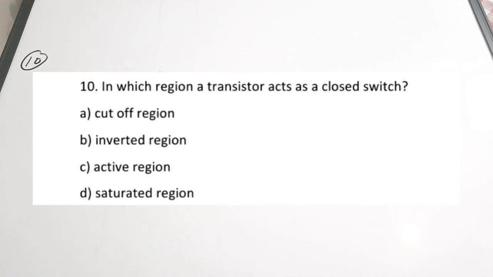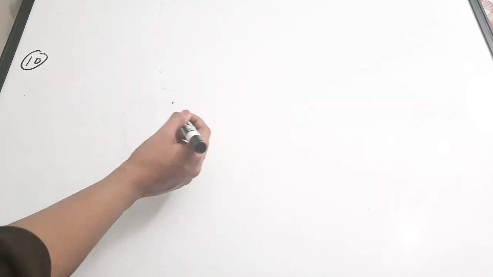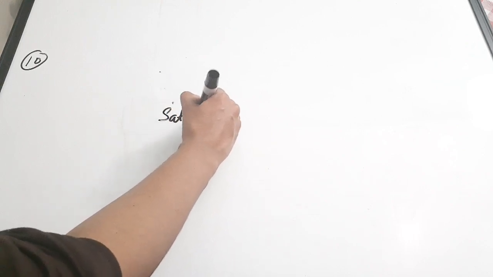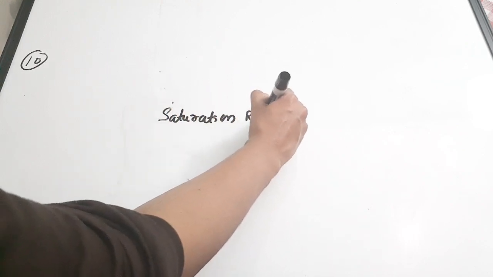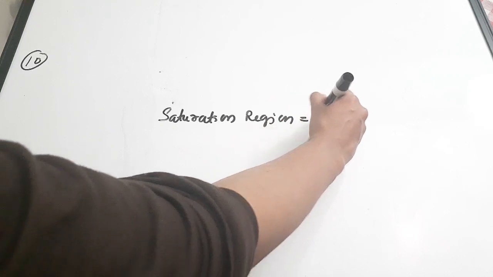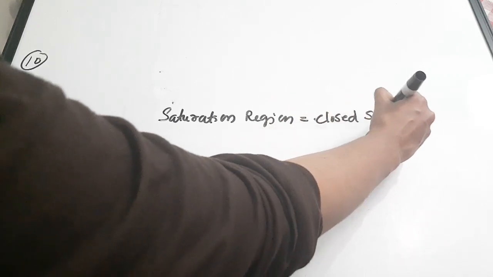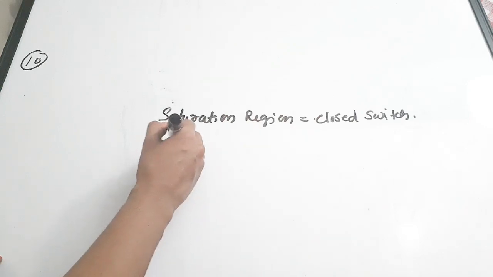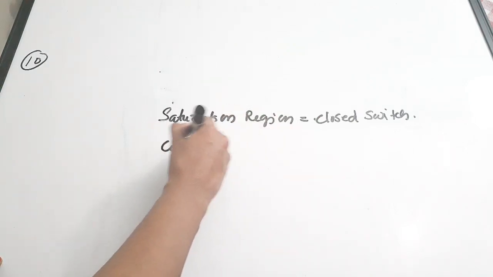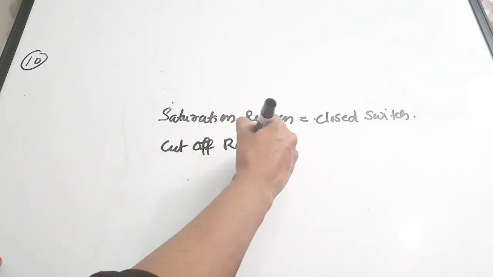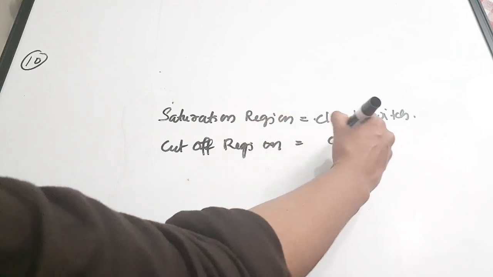The correct answer is, when the transistor is in saturated region, it acts as a closed switch, and when it is in cutoff region, it acts as an open switch.